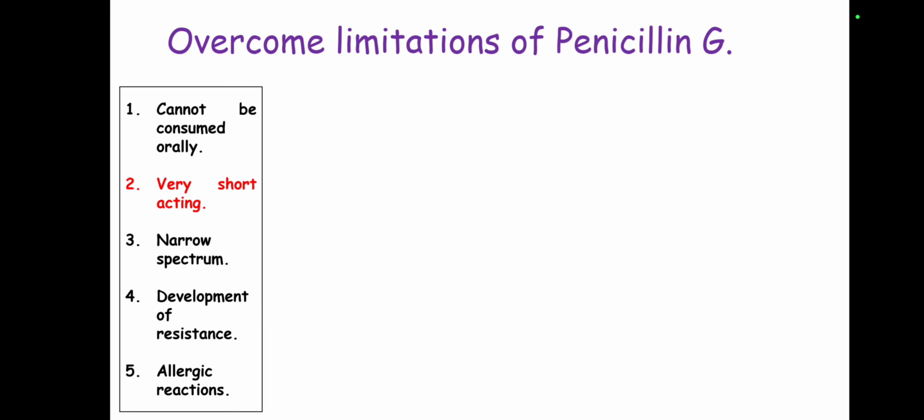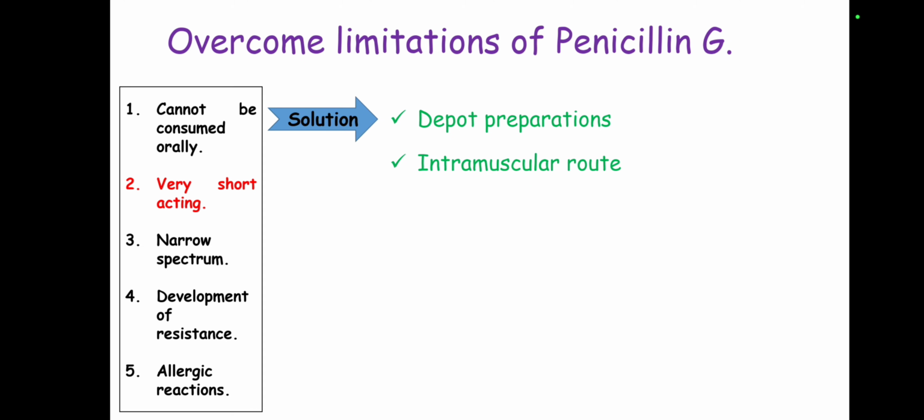We have got another method by which we can increase the duration of action of penicillin, and this can be done by making a special preparation which is known as a depot preparation. Depot preparation means these are the preparations where the drug will be deposited somewhere, like if we give penicillin by intramuscular route and it is deposited in the muscles, they will be called depot preparations.